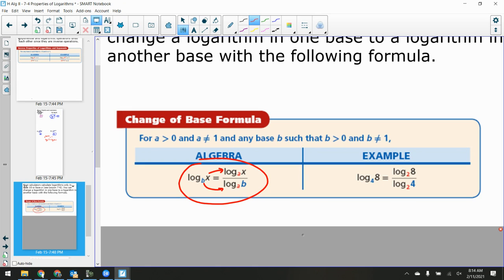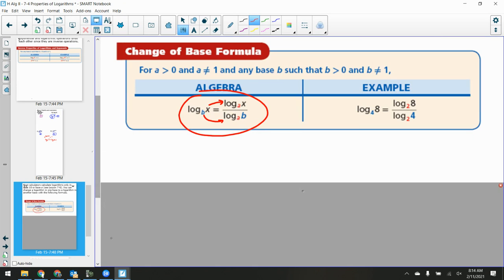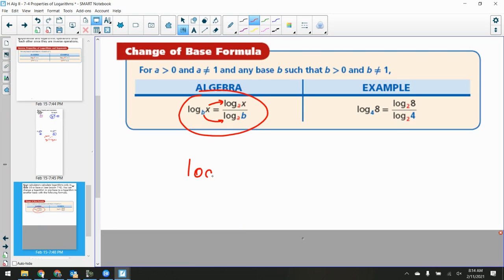So that means I can evaluate anything, like log base 3 of 5. Now think about this. 3 to the what power is 5? I don't know. Some decimal. So what I can do here is change the base and say log of 5 divided by log of 3. What did I change the base into? The base 10.